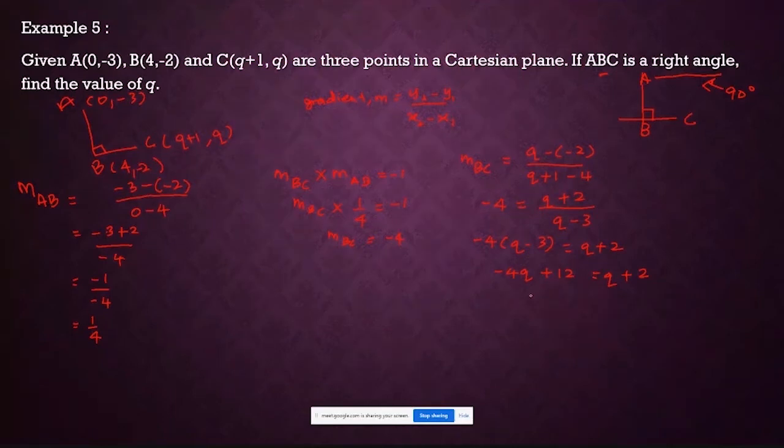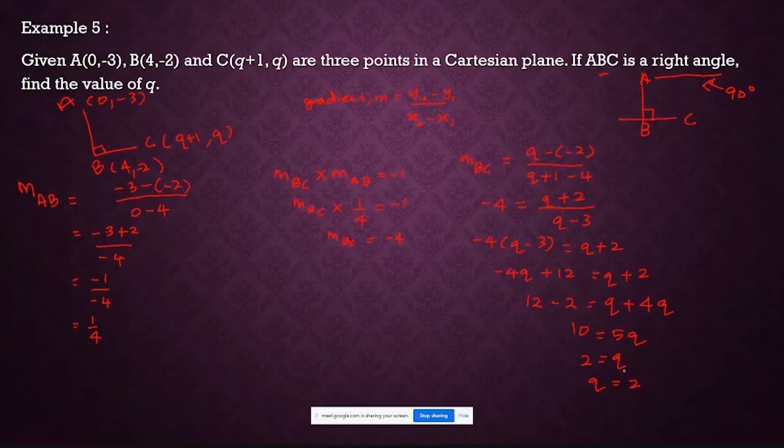So then 12 minus 2, then I have q here. I move my negative 4q to the other side, it becomes plus 4q. So 5q is 10 equal to... then q equals 10 divided by 5, equal to 2.